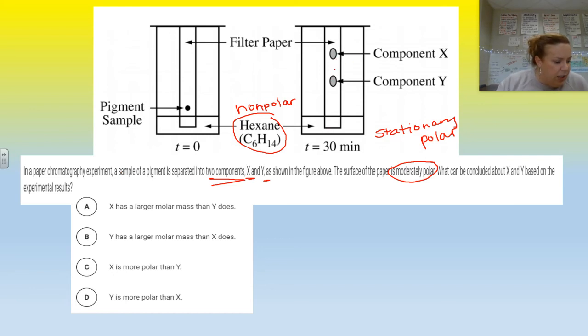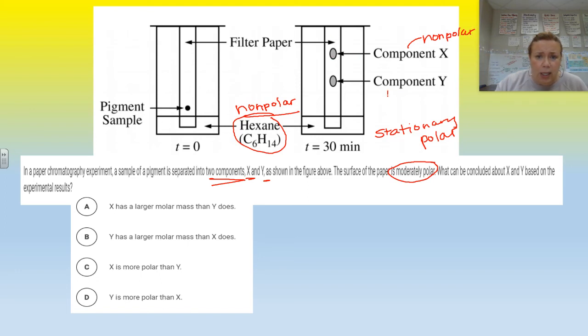Hexane is nonpolar and the stationary phase is polar, therefore component X, being more nonpolar, is going to go with that hexane. It's going to go with the mobile phase farther. So this one is more nonpolar because the mobile phase is taking it farther.